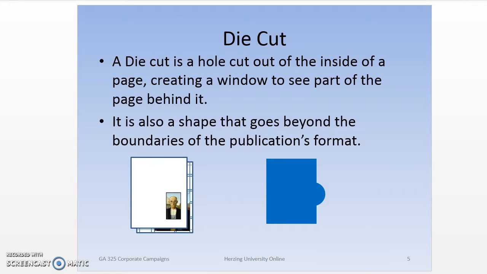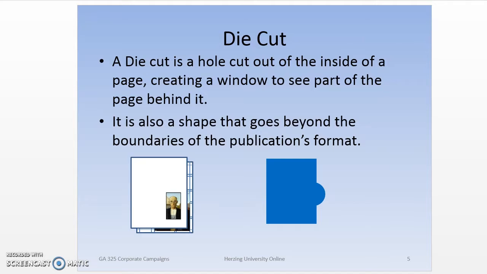Die cut. A die cut is a shape that is cut out of the inside of a page, or a shape that extends beyond the publication's rectangular format. A die cut can allow a special illustration to be freed from the rectangular boundary of the page and not be cropped off.